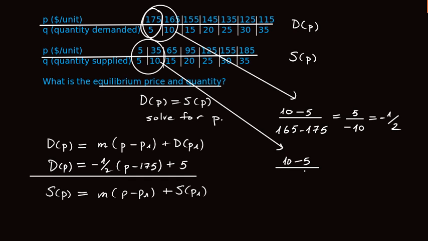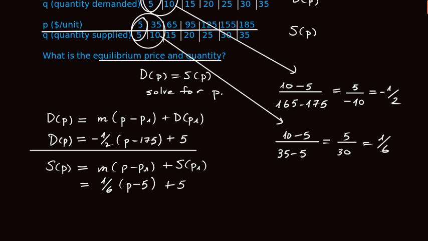That's a difference in quantity. And then the difference in the independent variable is 35 minus 5. So that's equal to 5 over 30, which is 1/6. So the slope is 1/6. So we get 1/6 times p, and then we have a p1. We can use this point, so we'll have minus 5 plus, and then S of p is 5.